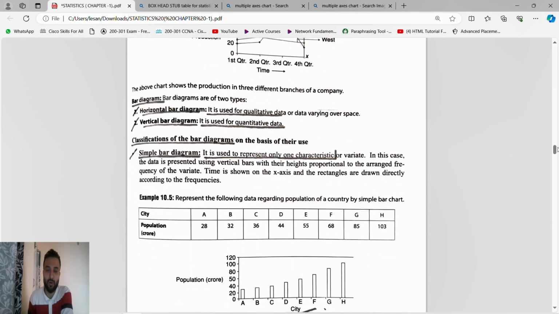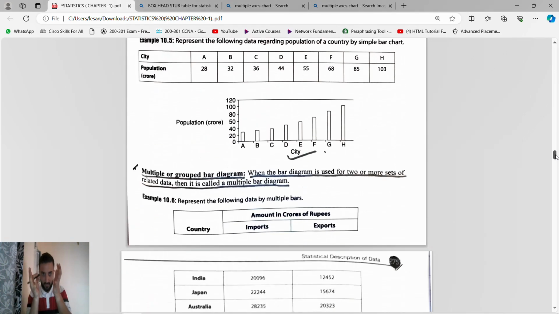Okay, guys, see here we have studied only the four: collection, presentation, analysis and interpretation. So we will only study collection and presentation. What is analysis, guys? Analysis is nothing but, suppose after collection of data we have presented this, so city and its population, done.